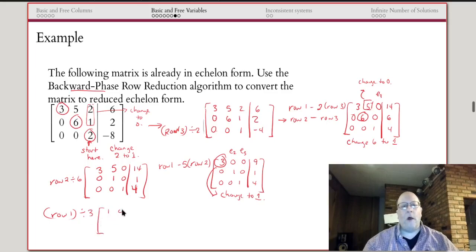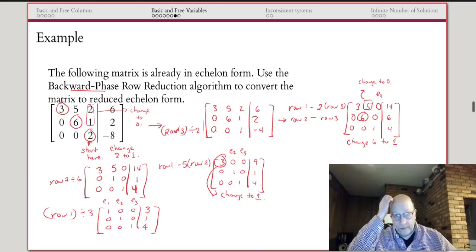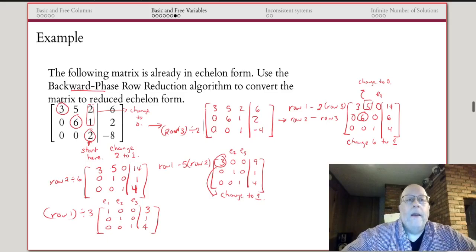And that gives me 1, 0, 0, 3. 0, 1, 0, 1. 0, 0, 1, and 4. And now in this matrix, all of my leading entries represent standard basis vectors. And this is now in reduced echelon form.